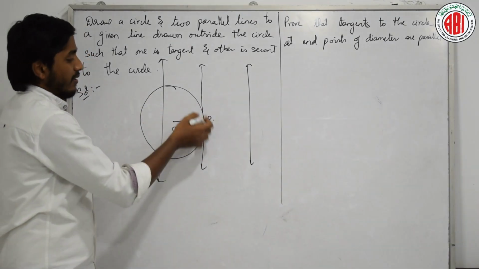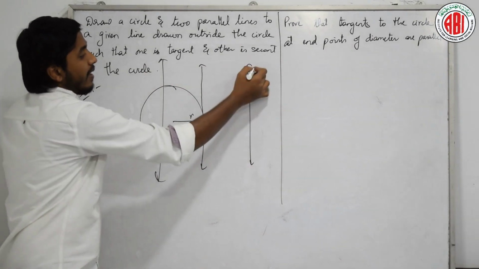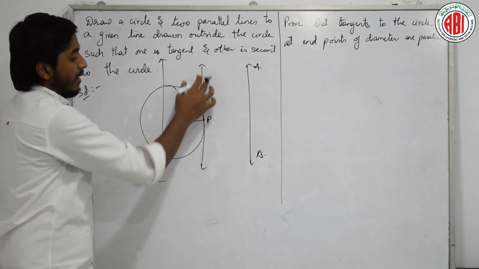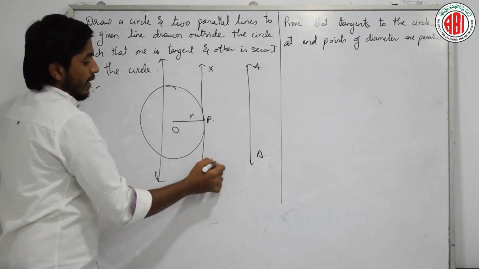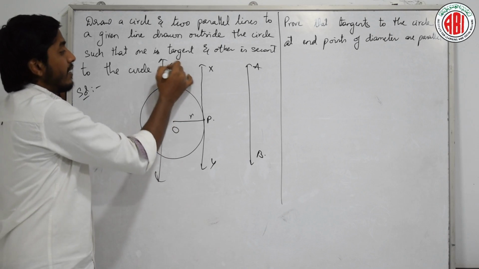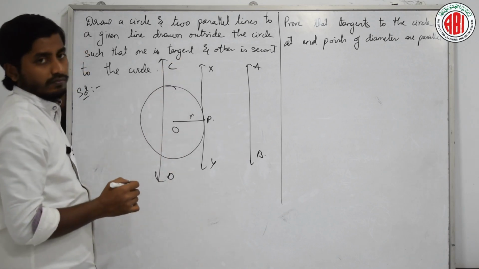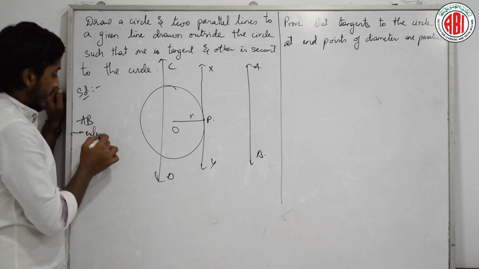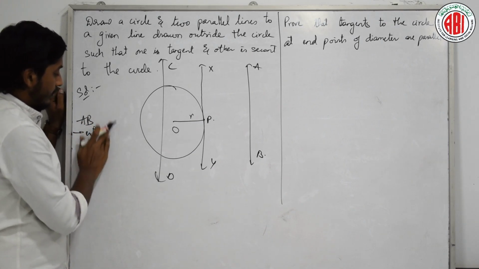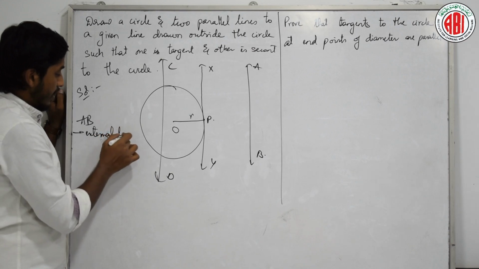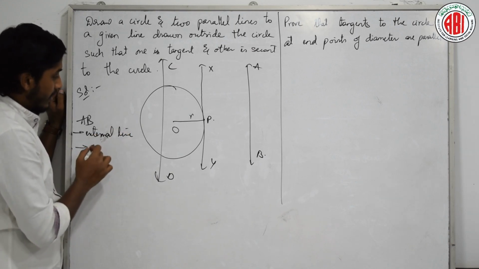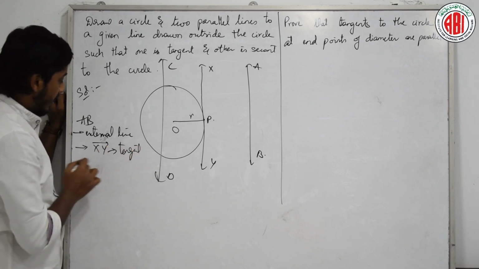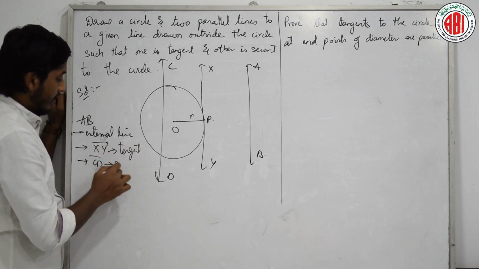Let us assume this is x and this is some line AB drawn outside, and another line, this is tangent xy, and another line, secant CD. AB is the external line. The next, xy is the tangent and CD is the secant.